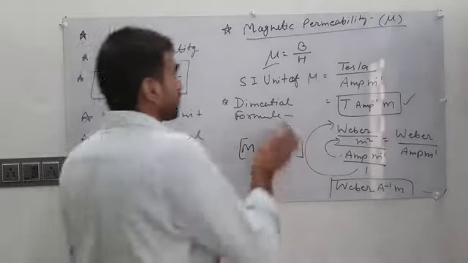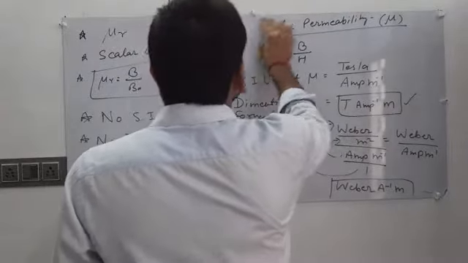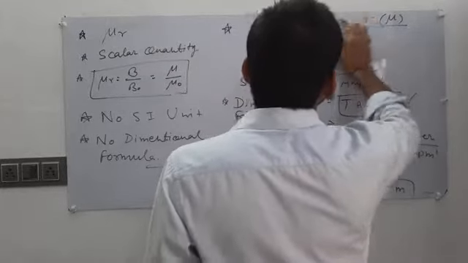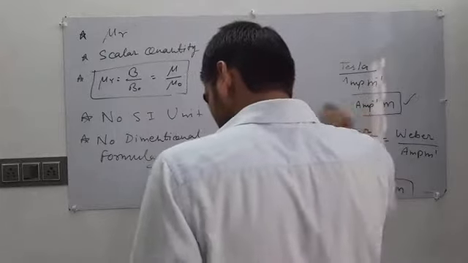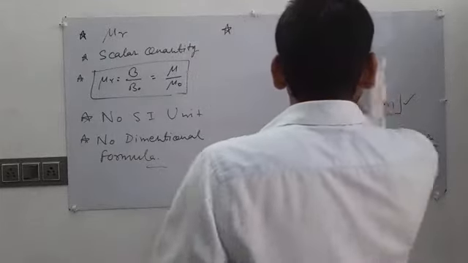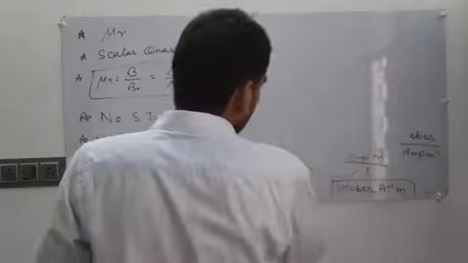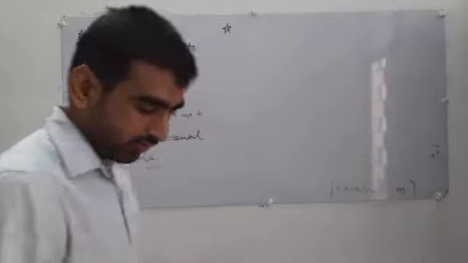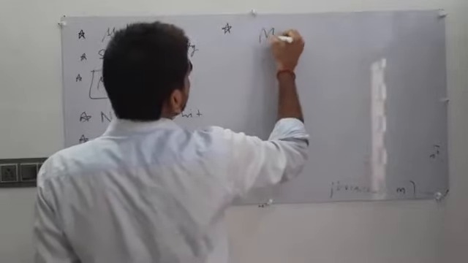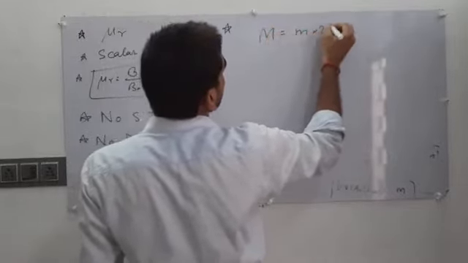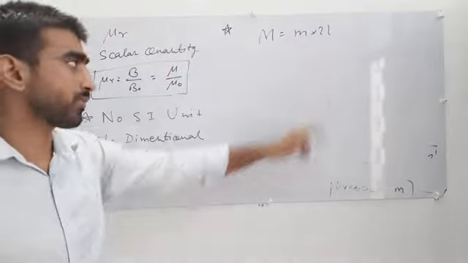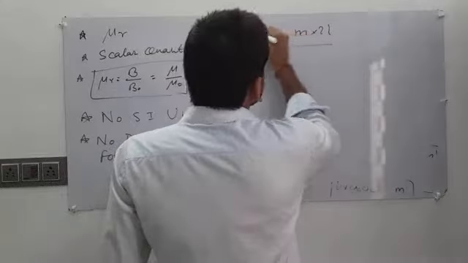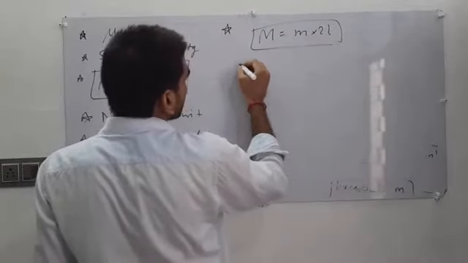Now magnetic dipole moment, which you already studied. Magnetic dipole moment is a vector quantity. Magnetic dipole moment equals m into 2l, where m is the magnetic pole strength of either pole.